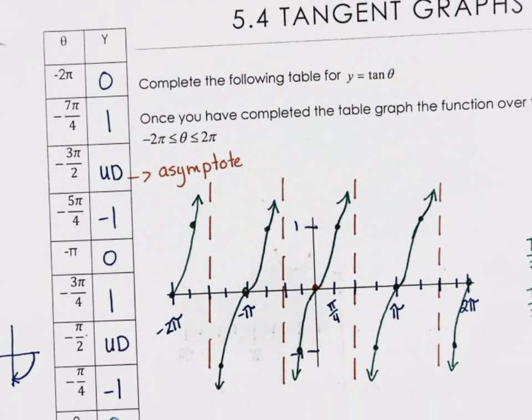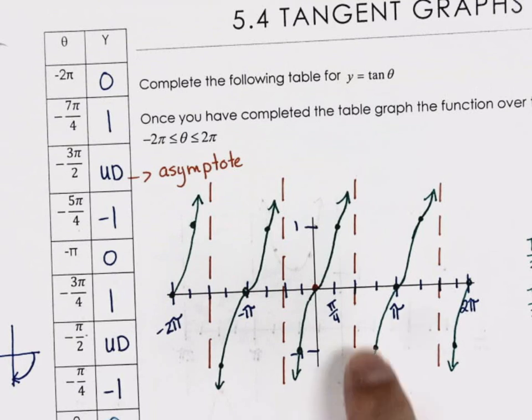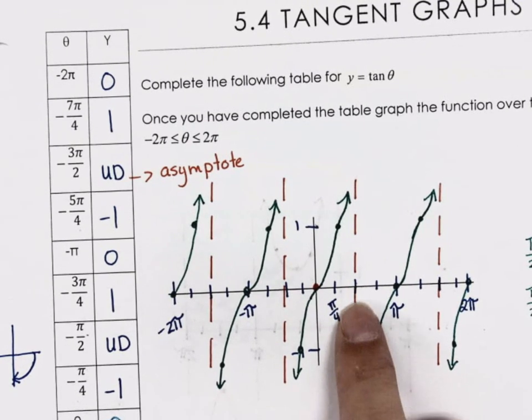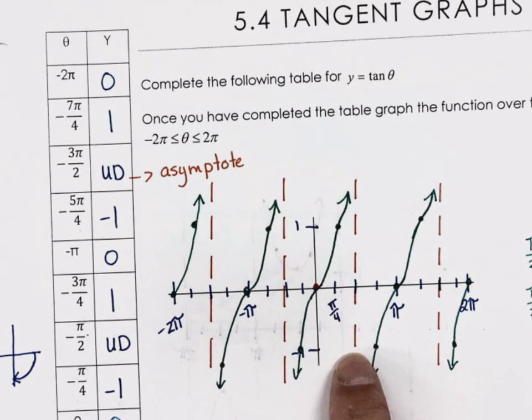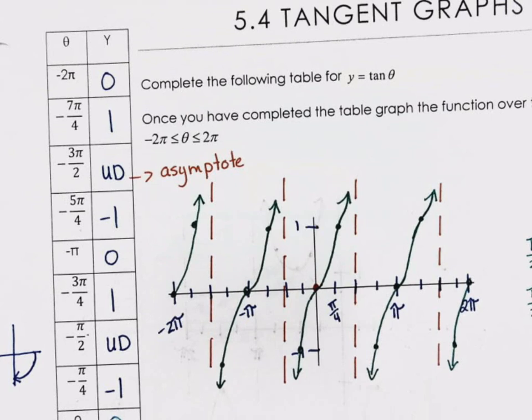So where is tan, like where can tan not be 0? Pi over 2, right? So we know that our first asymptote on our tan graph is at pi over 2, so that's where it would be undefined. That's where we would have our asymptotes. Everybody good with that?